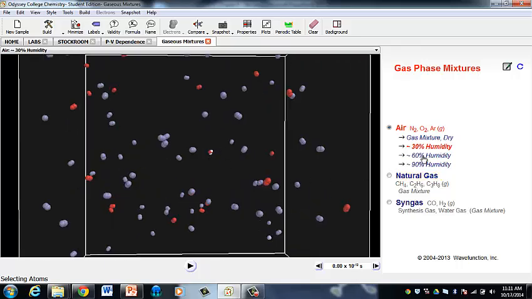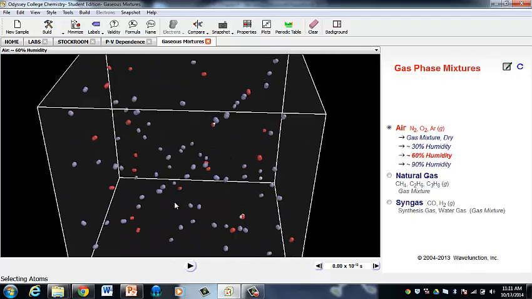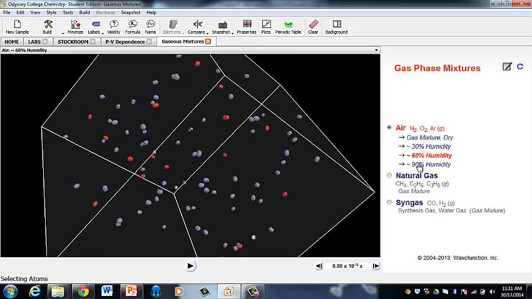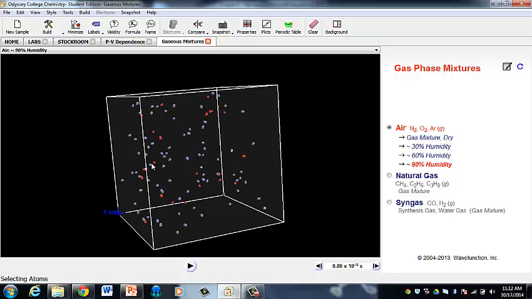At 60%, it would have two water molecules. Maybe. Oh, yep, I see two of them. At 90% humidity, 3 molecules. So air is mostly nitrogen and oxygen, a little tiny bit of argon, and then some water vapor, traces of other gases.